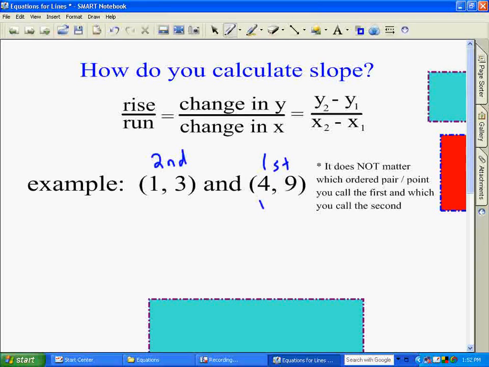So this would be x1, this would be y1, this would be x2, and this would be y2. So I'm going to do y2 minus y1, which is 3 minus 9. And then x2 minus x1 would be 1 minus 4. So this is going to give me negative 6 over negative 3, which is 2. So that's a way to calculate slope.